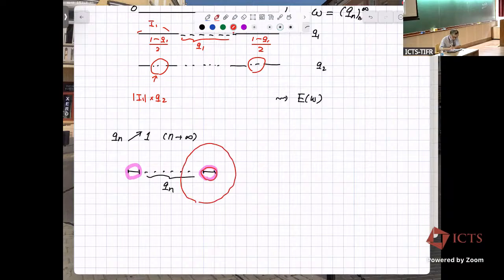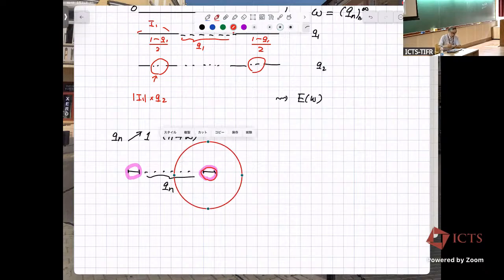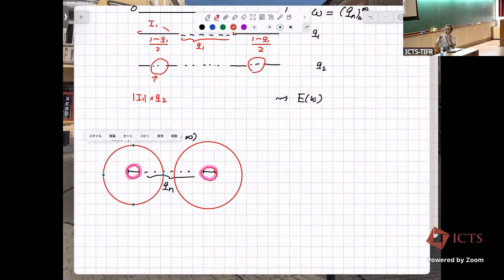annuli, something like a big one, which has a large modulus, because Qn is very close to 1. So this part is something like this.